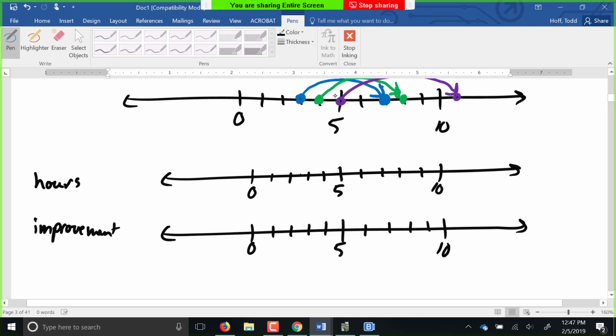So we might have 3, 7. But we still had to link them, so we had to have those lines connecting them. And again, you can see how this gets cluttered somewhat quickly.